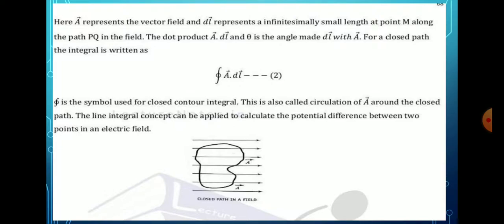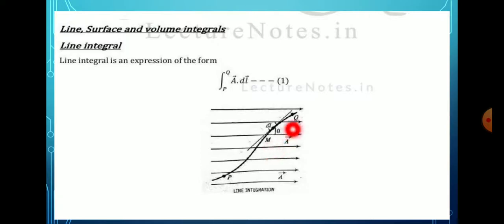Let us consider the line integral of the vector field A bar. In this line integral, we take the small elementary length dl, and we draw the tangent at the point M, which makes the angle theta. So A bar dot dl is A dl cos theta.